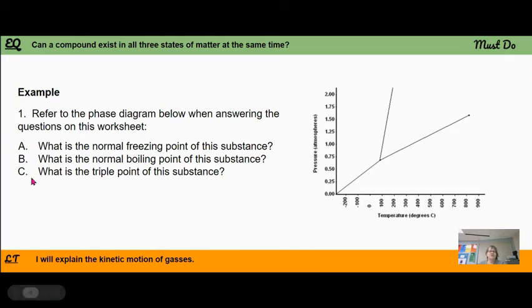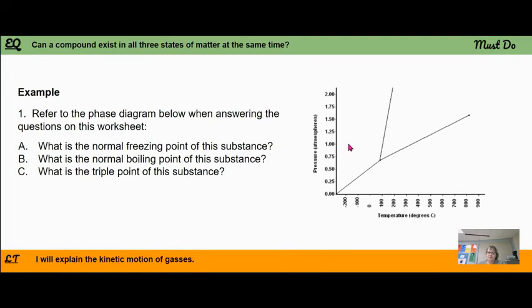And so it says refer to the phase diagram below. It's actually to the side when answering the questions on this worksheet. What is the normal freezing point of this substance? Now remember, normal is at ATP, average temperature and pressure. So 1 atmosphere.